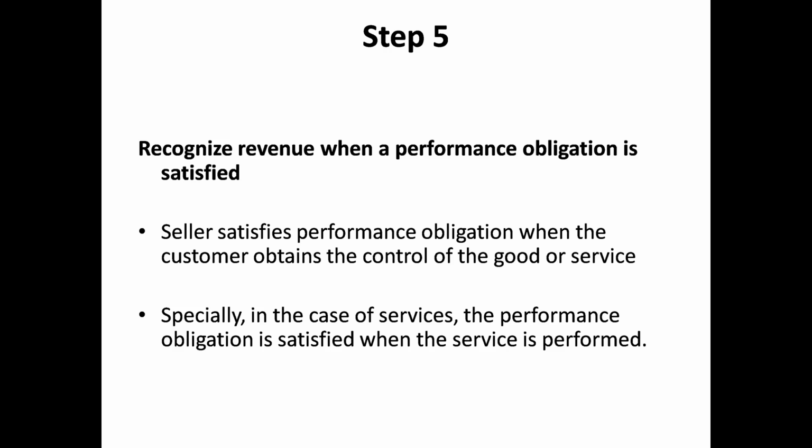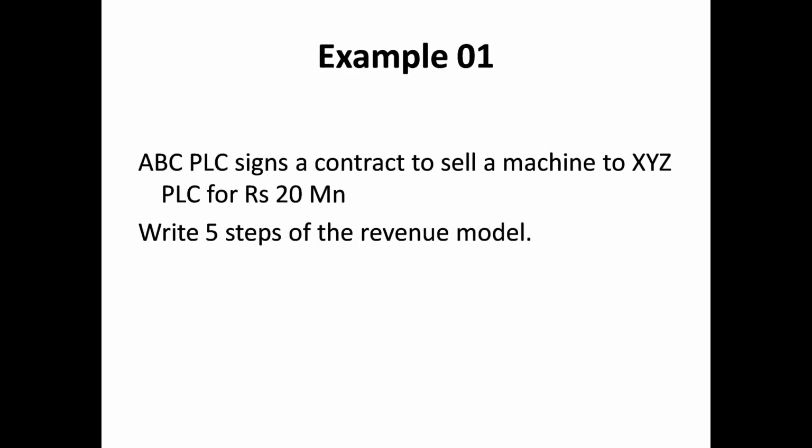Okay, if you are going to sell some goods, then the seller satisfies the performance obligation when the customer obtains the control of that item. If you are a service supplier, the performance obligation is satisfied when the service is performed. Now we are going to learn these 5 steps using some examples.